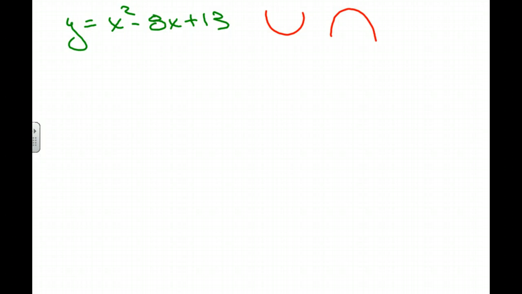It's at the top of page 416, a couple lines down. y equals the quantity x plus a, the quantity squared, plus k. That's the format that we're trying to put this equation in, in order to find the other information we're looking for. So we found two of the four. Now we're going to look for the rest of it here.